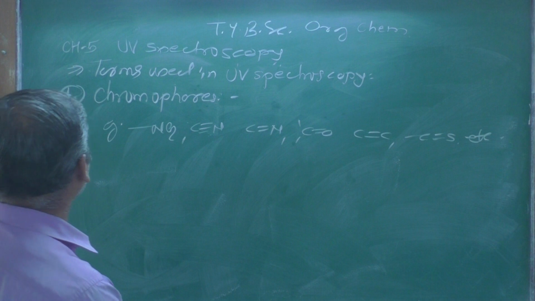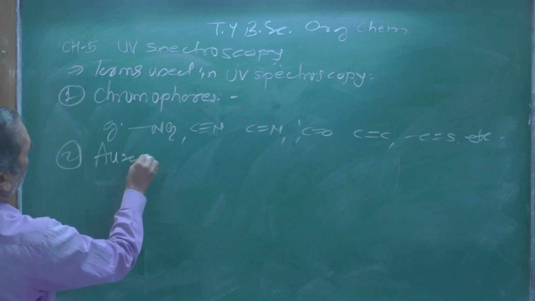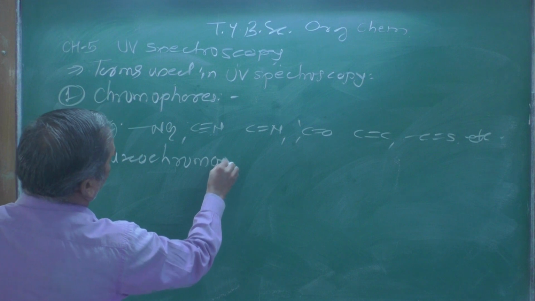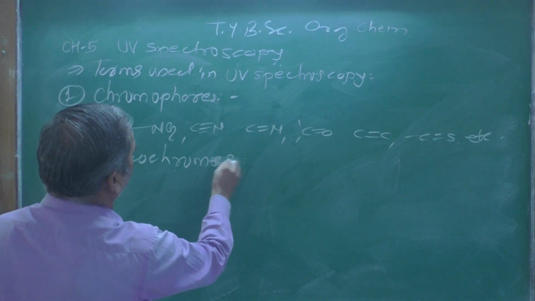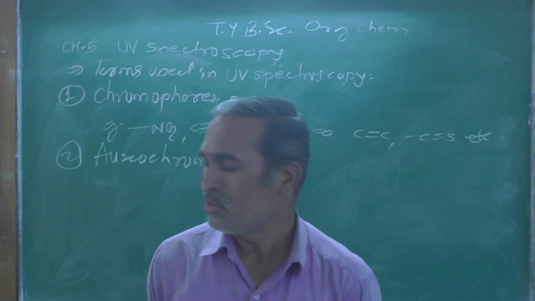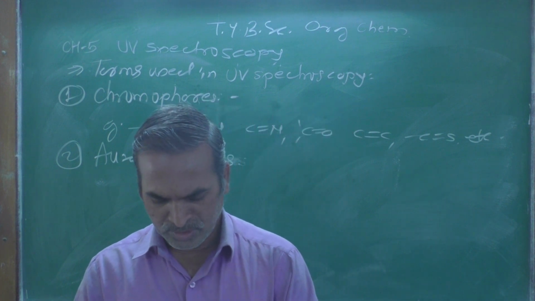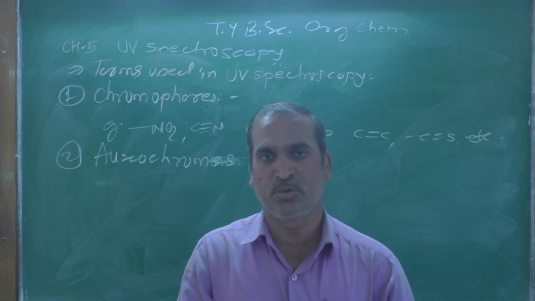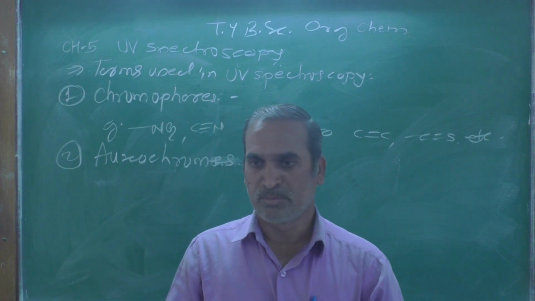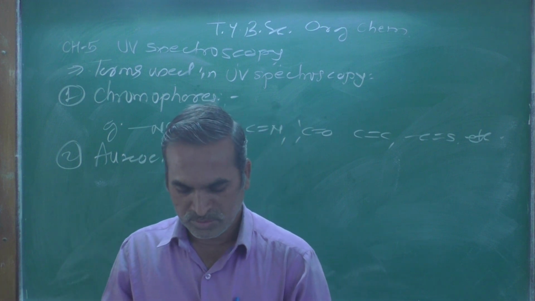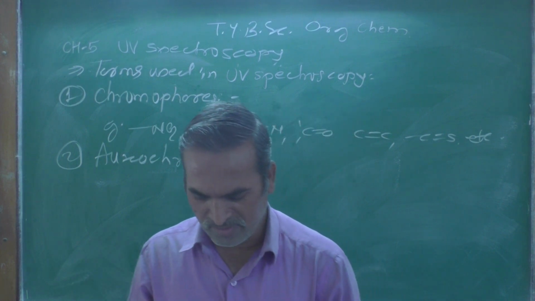Now let us move on to the next important term used in UV spectroscopy, that is called an auxochrome. Now an auxochrome is a functional group which itself does not absorb UV radiation, but when it is attached to a chromophore, shifts the absorption to longer wavelength.